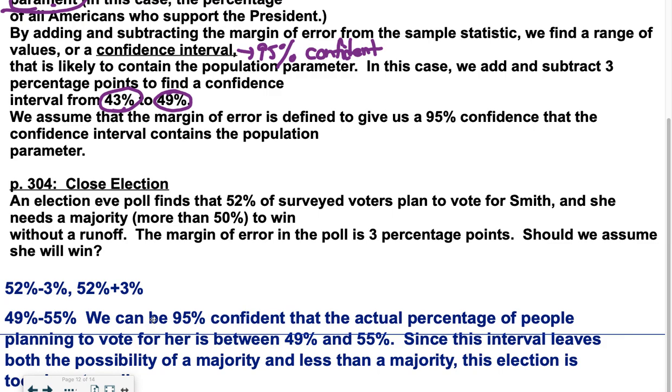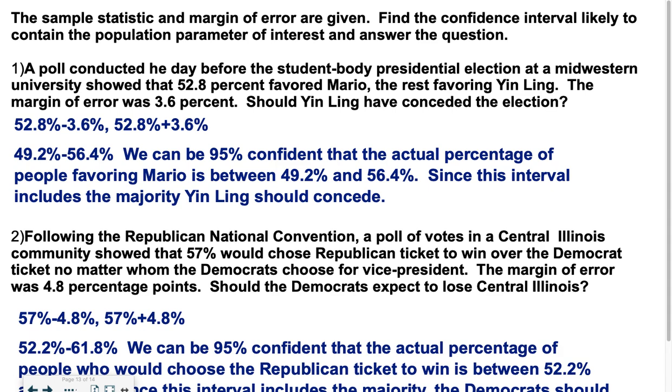We can be 95% confident the actual percentage of people planning to vote for her would be between these numbers. Since the interval includes a majority, more than 50%, but also less than a majority, so that would be either a split, 50-50, or 49%, we cannot say that the election is going to be all hers. It's too close to call.